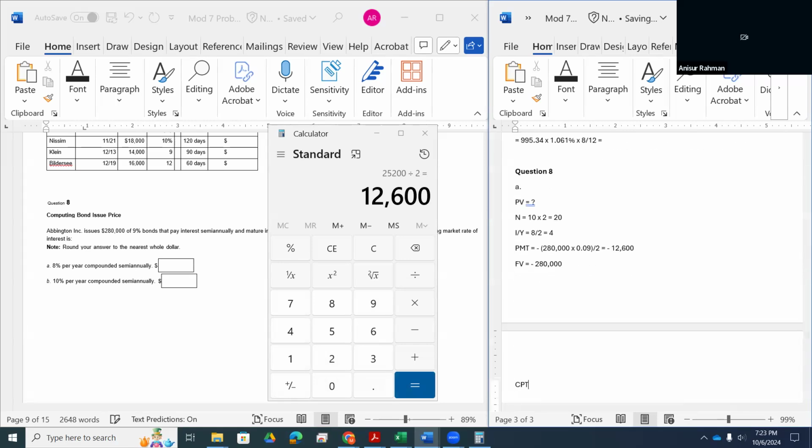So if we do this and compute present value, we should get $299,026.